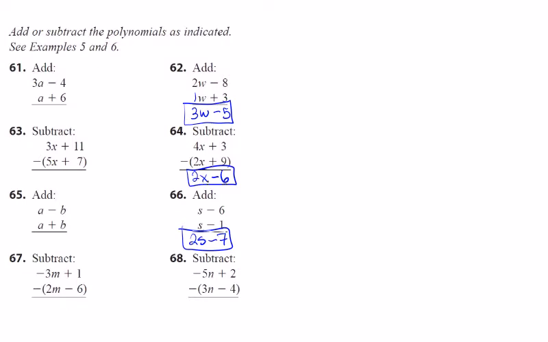68. So now it says subtract once again, and so we're going to subtract negative 5n minus 3n, right? So that's going to be negative 8n. And then here we have 2 minus negative 4, so 2 minus negative 4 is really 2 plus 4, so it'll be positive 6.